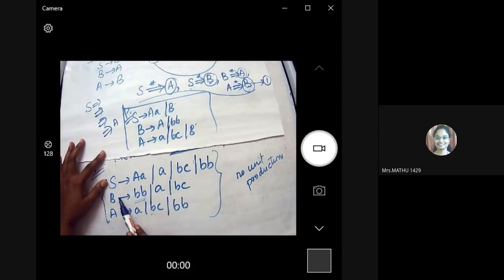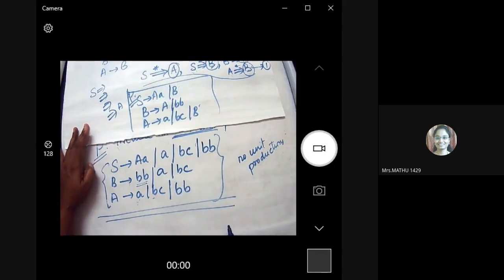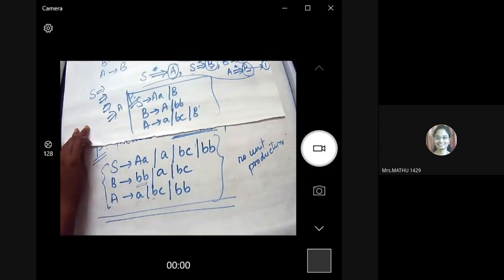So B becomes a useless production, and we can remove this production, and wherever B comes, its productions can be removed. But for removing unit productions, the previous result will be the answer. If you want to simplify further by removing the useless production, we can remove this production. So this is what removing unit production is.